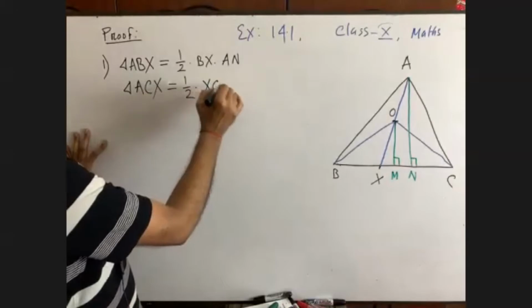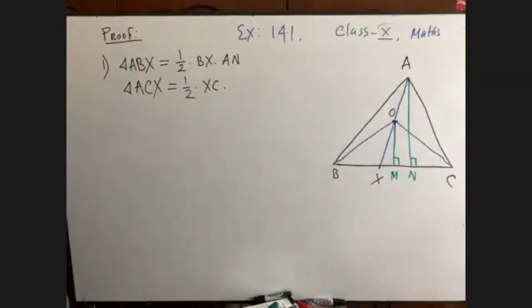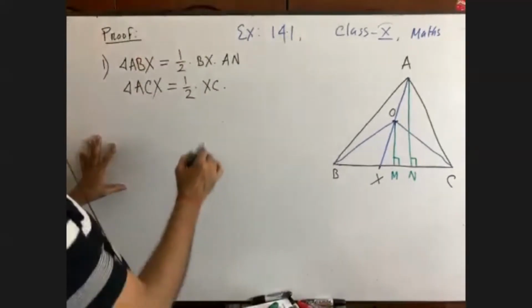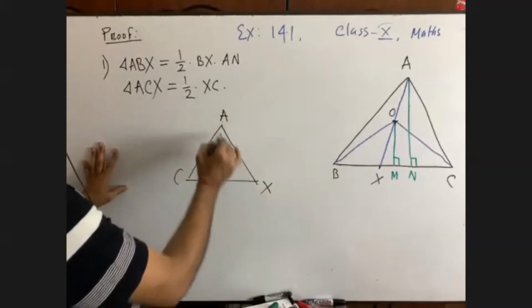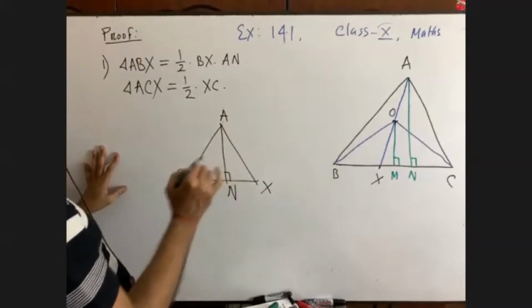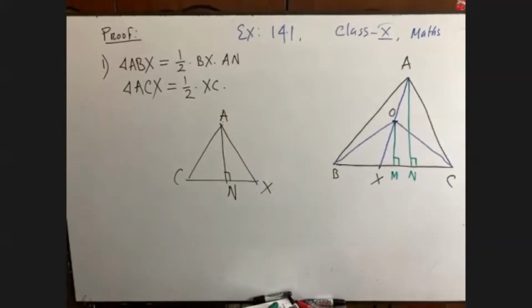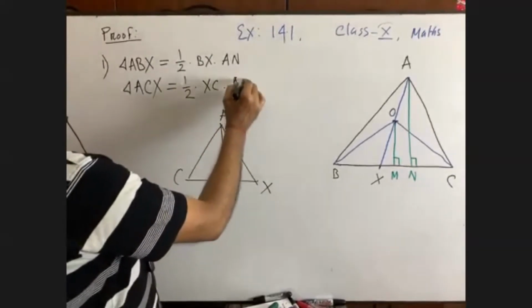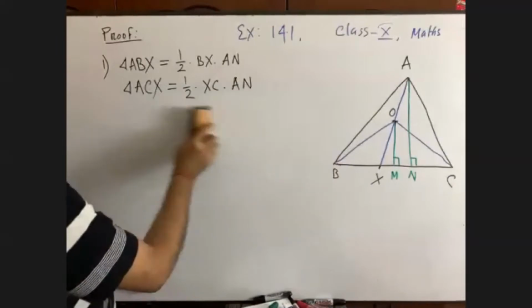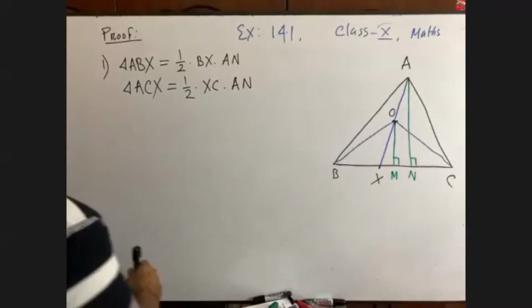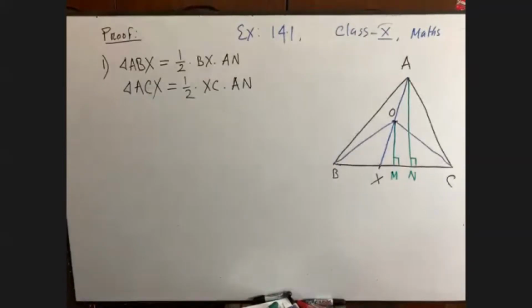Half into XC into what is the height? Suppose this is ACX. AN is the height, perpendicular AN. So AN is the height of the triangle ACX. You are not responding. That means you understand or you don't understand.